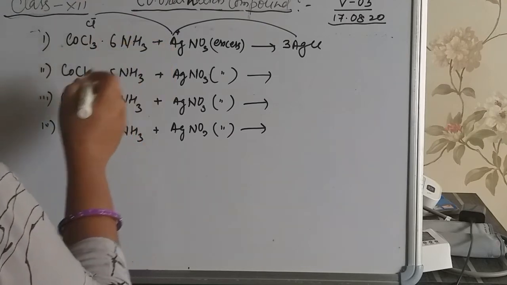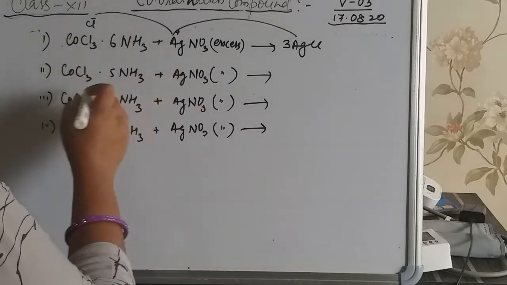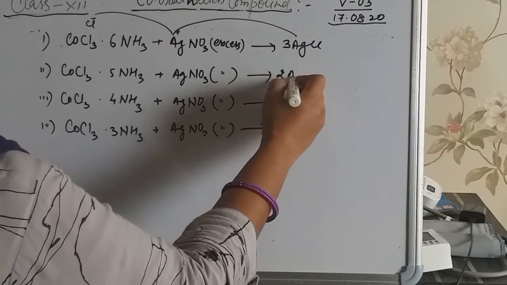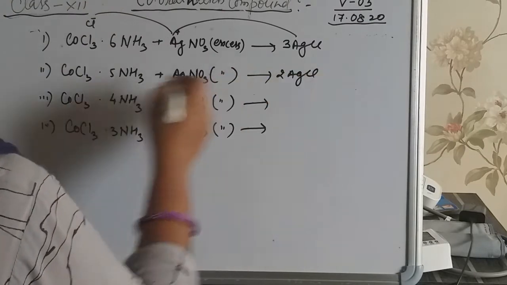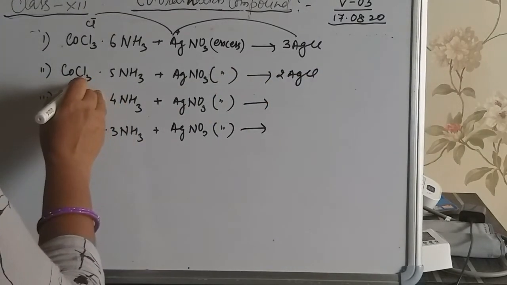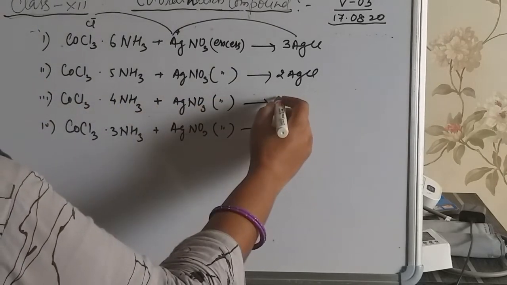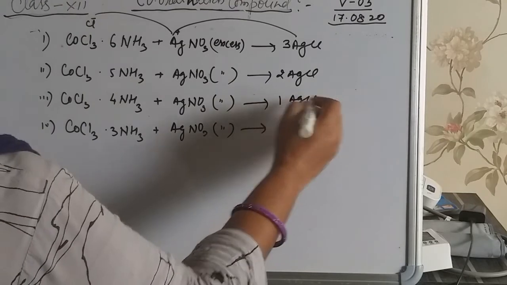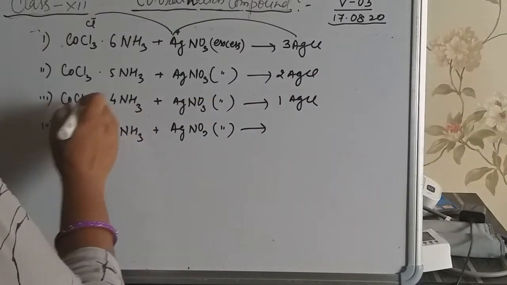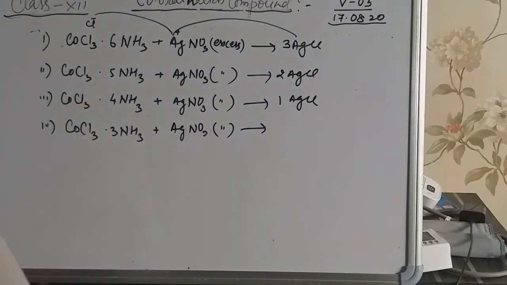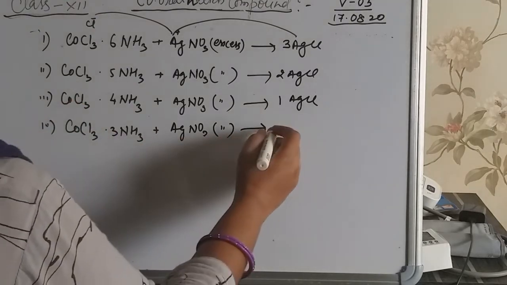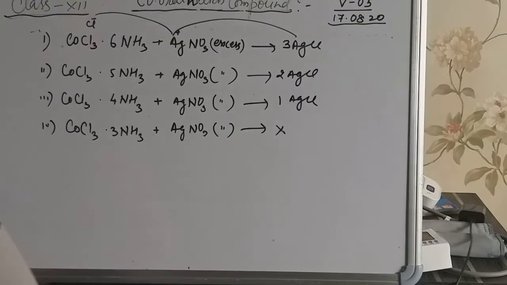Similarly in the second one, 2 AgCl means 2 chloride ions are dissociated. In this compound, one silver chloride forms, meaning only one chloride ion is given, and in this case no silver chloride formed.